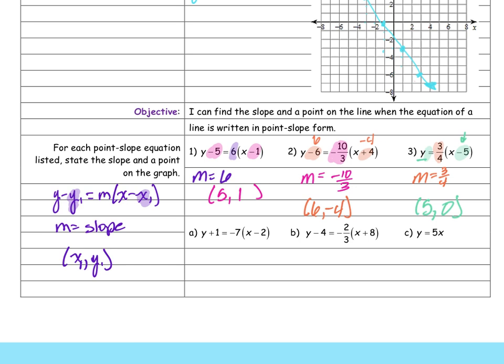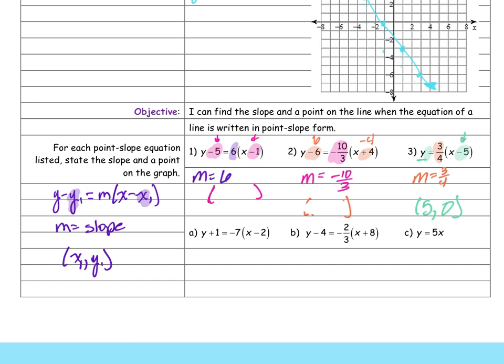Ms. Campbell? Yes, Sonny. In 1 and 2, are your points backwards? Did I put them backwards? Yes, it does matter that I put them backwards. Thank you, thank you, thank you. So my point in 1, x comes first, right?